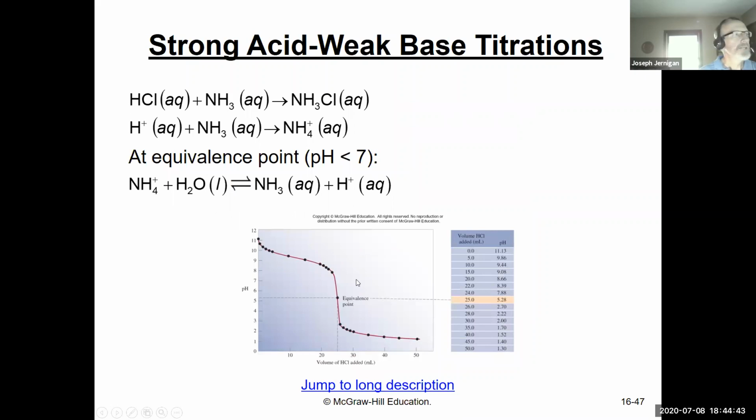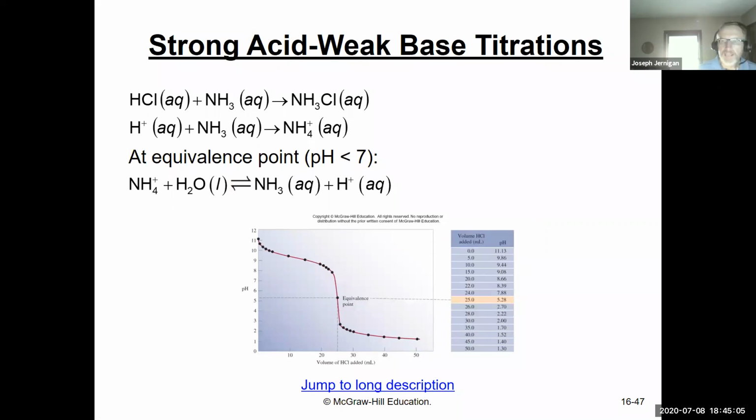Similarly, you can titrate a strong base with a strong acid. I'm sorry, this is a weak base. You can titrate a weak base with a strong acid, and that is what is shown here. The weak base in this case is ammonia.